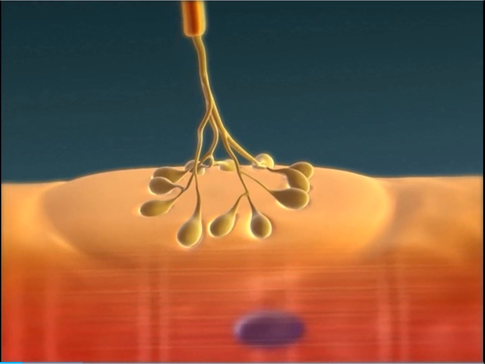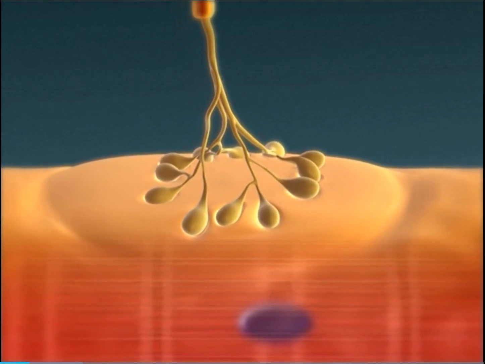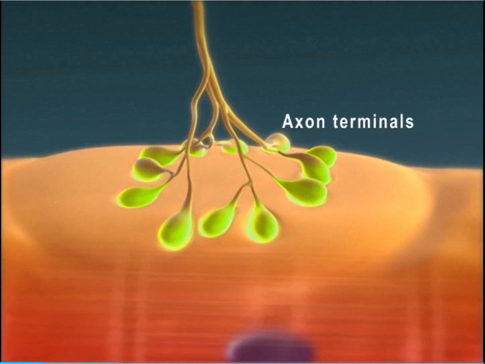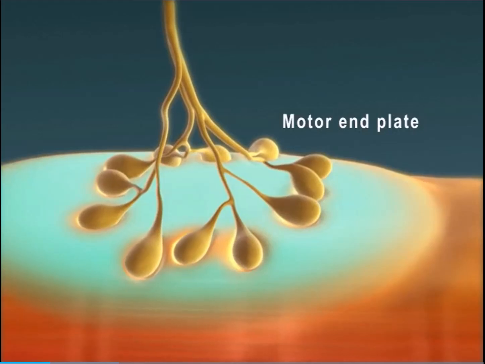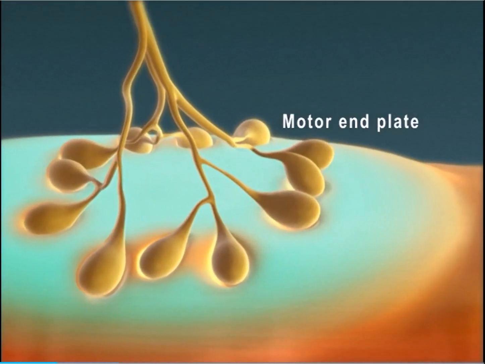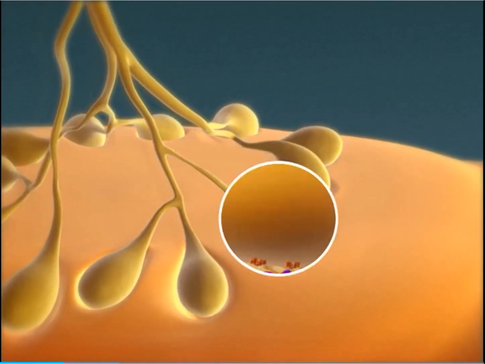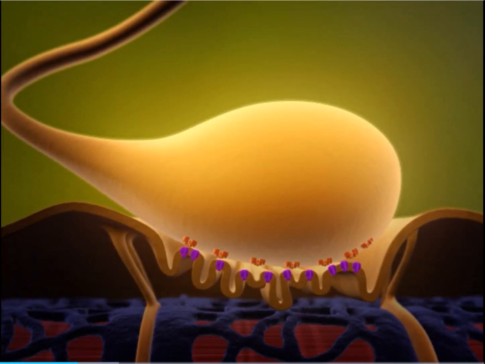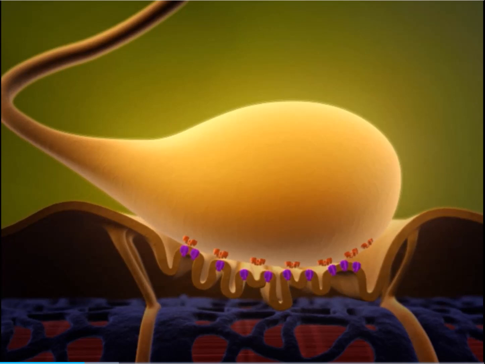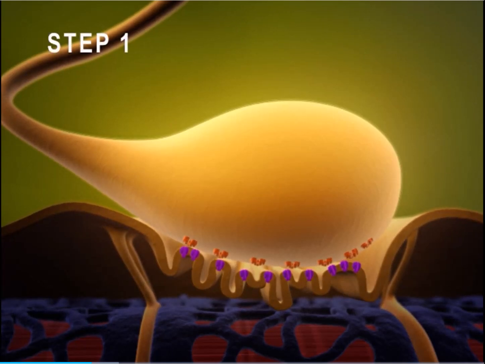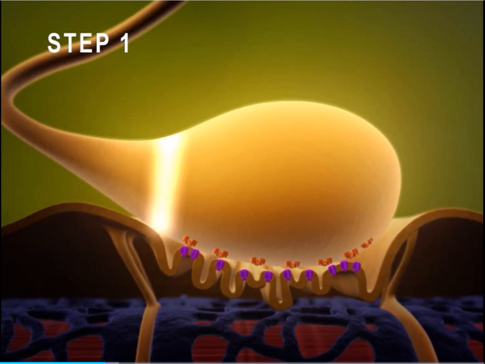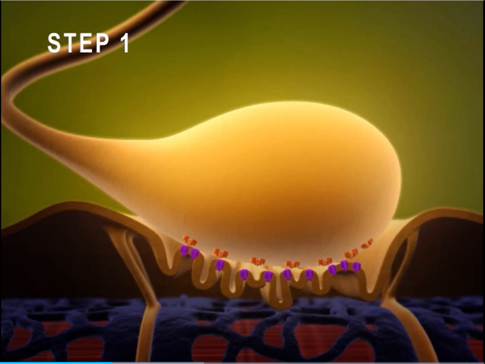This junction is a chemical synapse consisting of the points of contact between the axon terminals of a motor neuron and the motor end plate of a skeletal muscle fiber. The events at the neuromuscular junction occur in 7 coordinated steps. Step 1. An action potential travels the length of the axon of a motor neuron to an axon terminal.